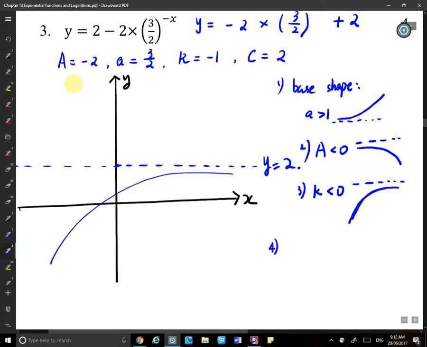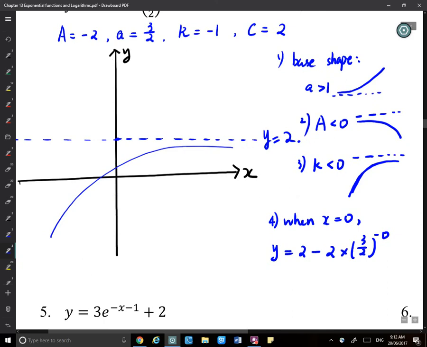When x equals 0, y is 2 minus 2 times 3/2 to the power of -0, which is still to the power of 0. So that's 2 minus 2. y equals 0. So it passes through the point 0, 0.